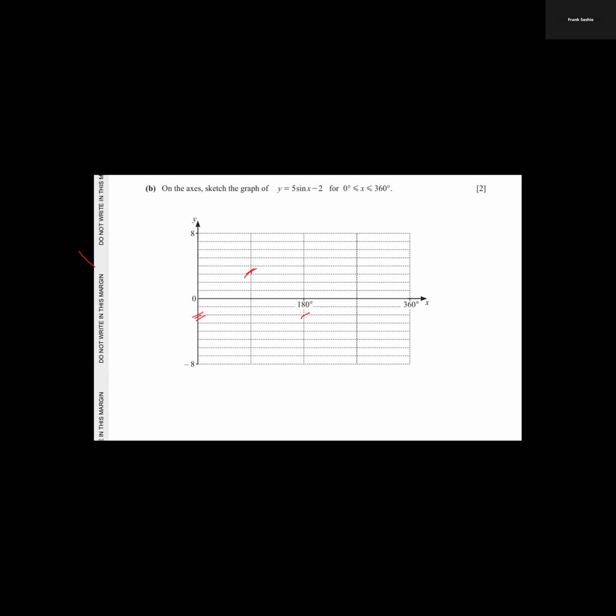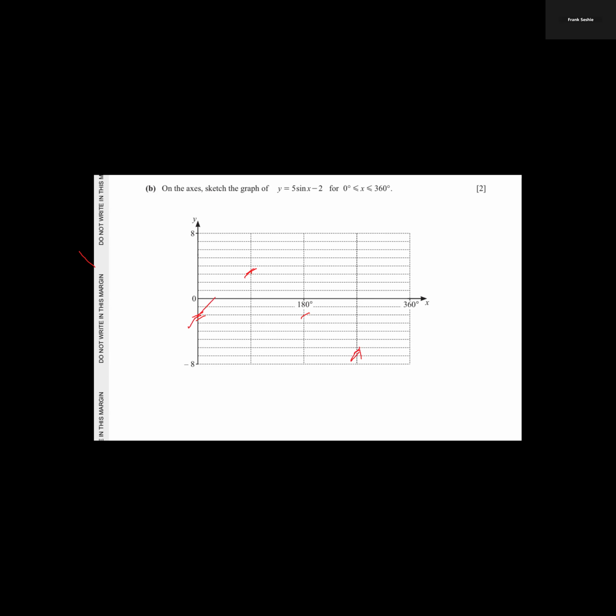So that's going to be negative 1 because in the third quadrant sine is negative. So we are subtracting 180, so that's sin 90, that's 1. But it's in the third quadrant, so it's going to be negative. So that's negative 1 times 5, negative 5, minus 2 is negative 7. That's going to also be here.